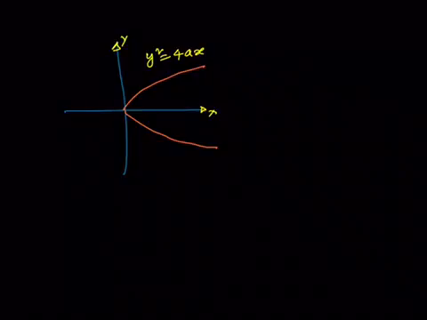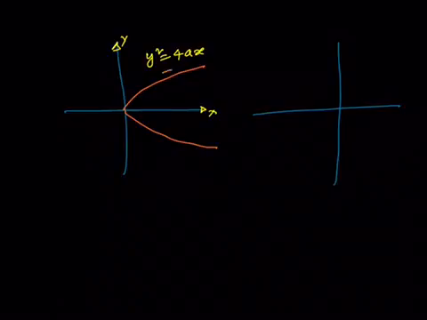The next one is where we have the parabola opening towards the right side, y square equal to 4ax. How to remember that the parabola will be opening to the right side: if y square is there, then it will be opening to the right or to the left, depending upon the coefficient of x.